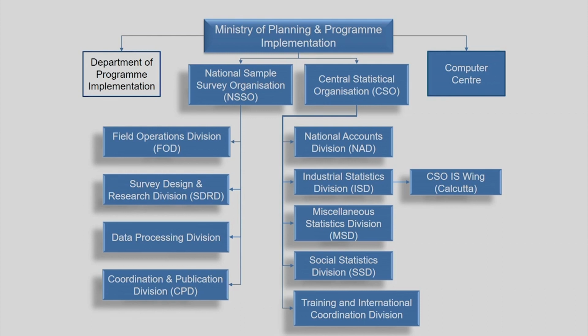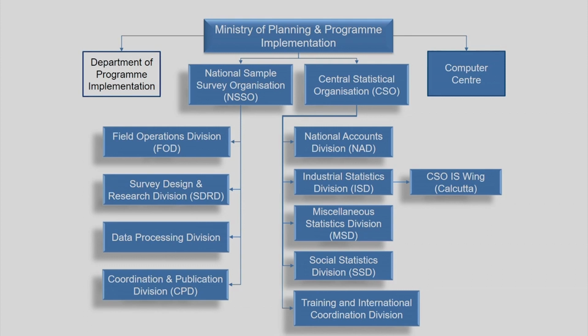So, this is the flow diagram of what I just mentioned. You have the Ministry of Planning and Program Implementation at the center. They have a department of program implementation and a computer center, and then there is NSSO and the CSO. NSSO has a field operations division, survey design and research division, data processing division, coordination and publication division.